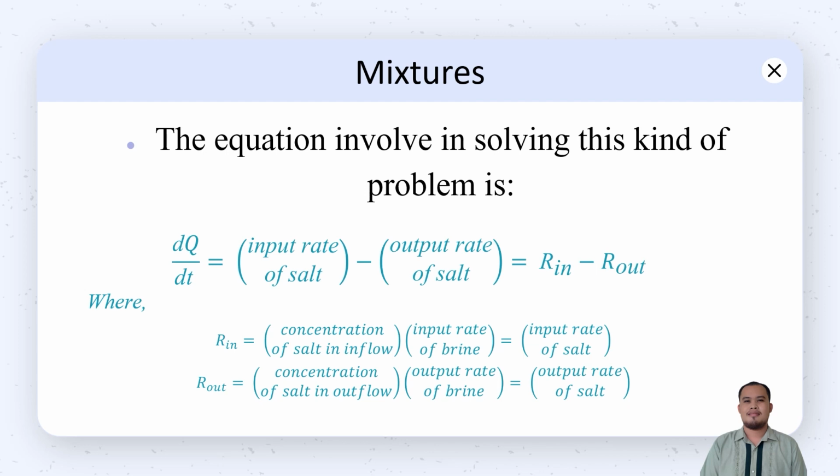So that will be the input rate of the salt. On the other hand, R sub out is equal to the concentration of salt in outflow times the output rate of brine, and that will be the output rate of the salt.